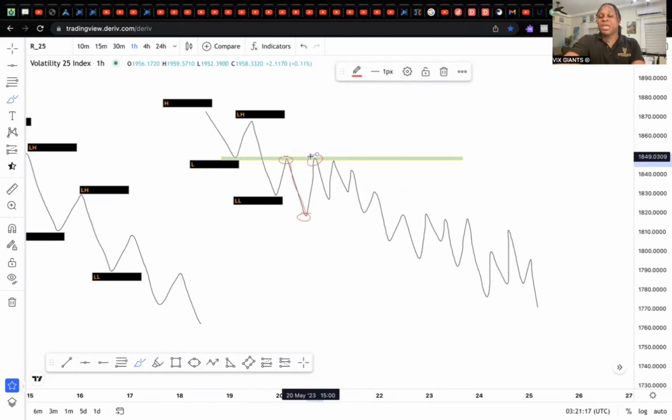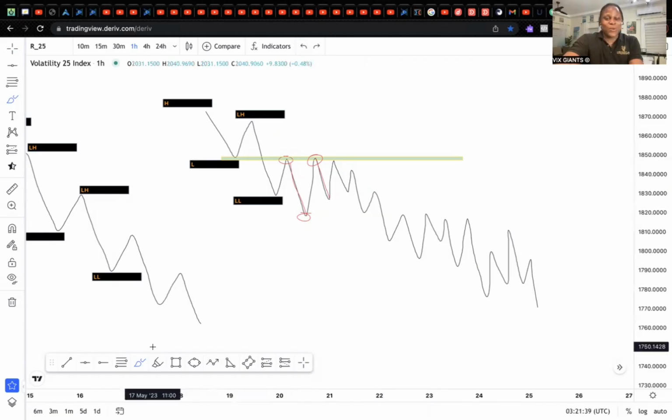So that would have made this point an equal high point, right? Equal high. So the market came back and rejected the same high and we pushed down, creating what? Seeing that this point is actually higher than the previous lower low point that we created, this would have been a higher low. Weird, right?